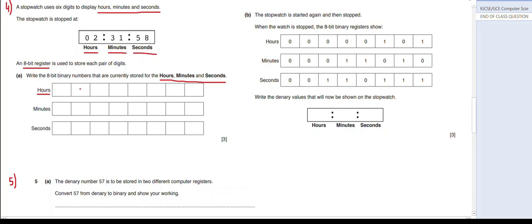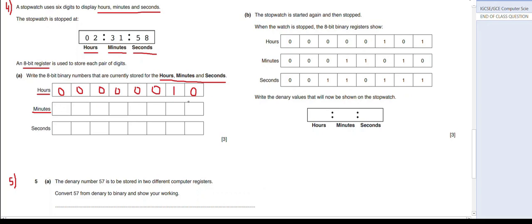The hours will be 0, 0, 0, 0, 0, 0, 1, 0. Because when we write the headings, the 2 has a 1, that means we will add 2 to all zeros. That will be 2.